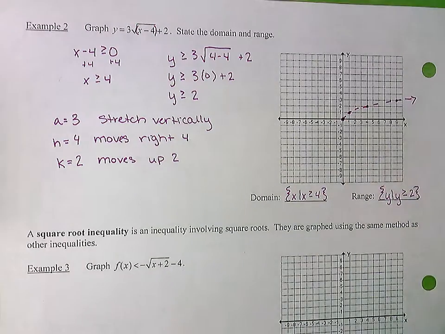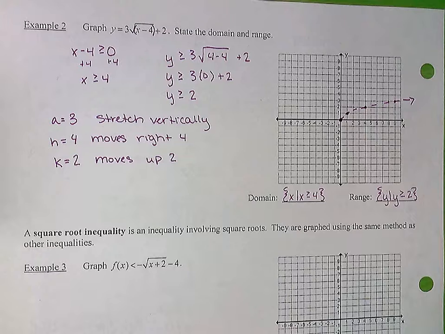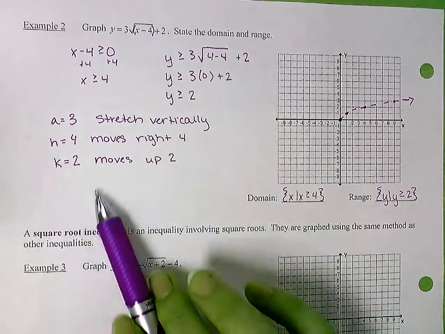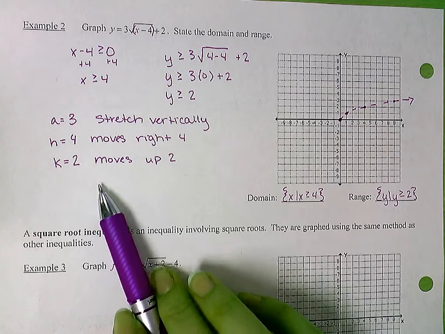Okay? So that's the parent function. That's not what we need to graph. We need to graph the function we were given, but we can use this to graph that. I want to do a solid line for the one you have to draw in. So from this parent function, this is how we're going to move our graph using these values.